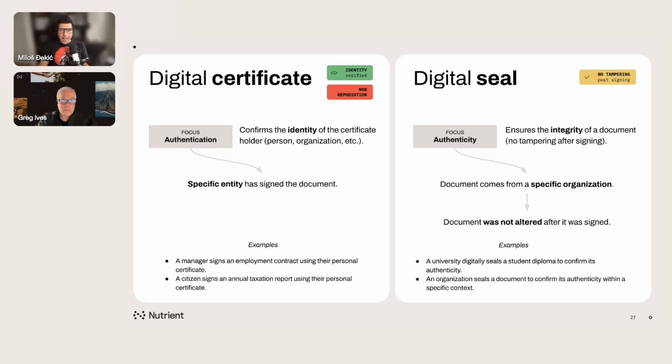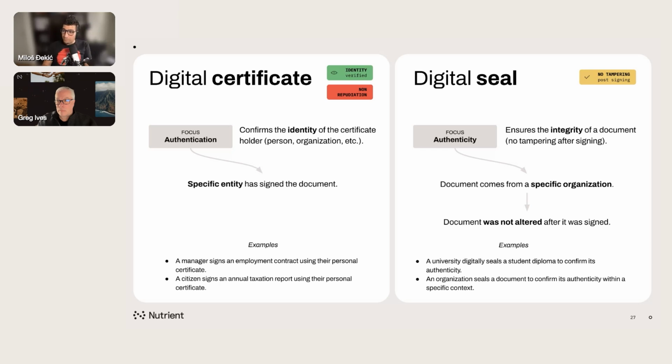So if I sign with a digital certificate, I'm basically saying that a specific entity, which can be a person, has signed the document. Your classic example is I'm submitting my yearly tax application. Very bad, I don't like that process, but I like the convenience of digitally signing.